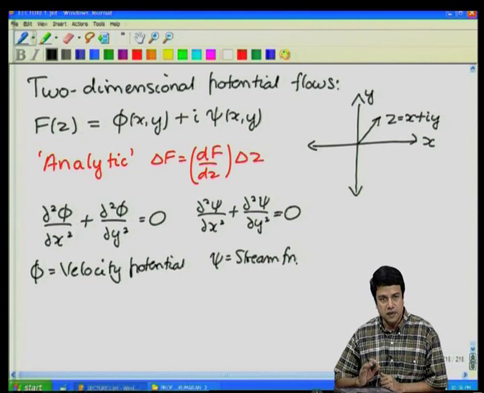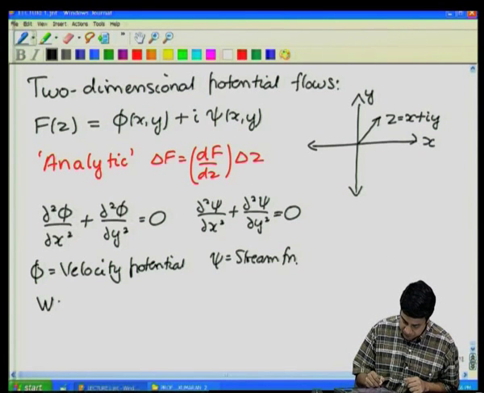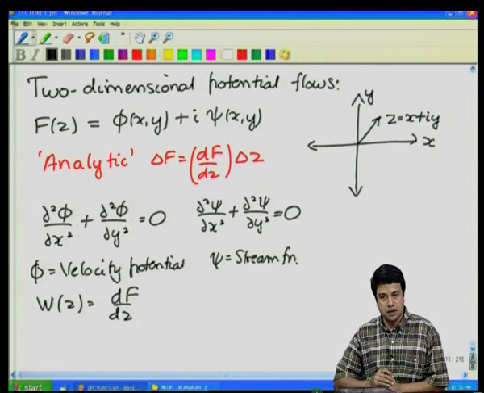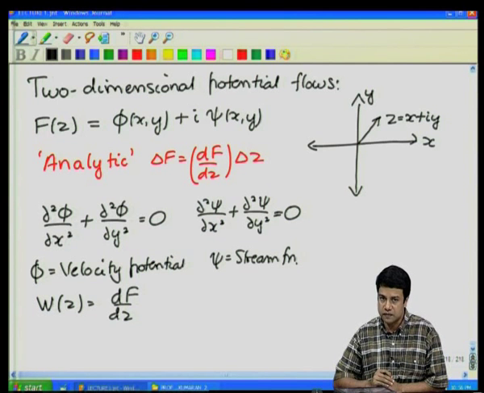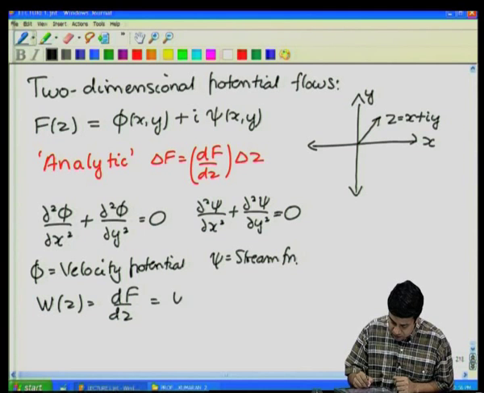Now, for this complex potential f, I can define a complex velocity equal to df by dz. And this complex velocity is related to the real components of the velocity by ux minus i uy.